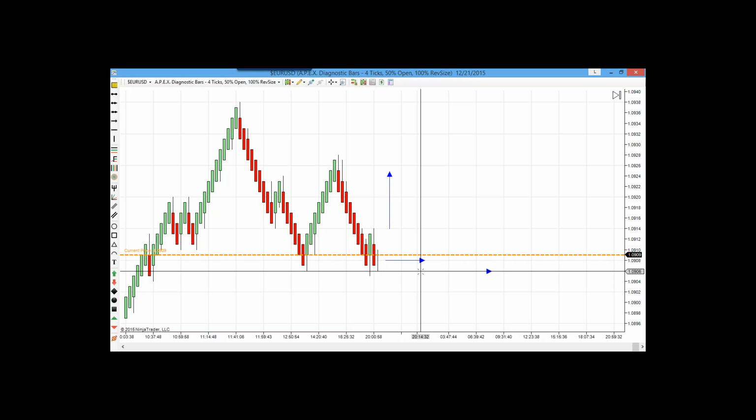What is that binary going to be worth? No. Before expiration, not at expiration, before expiration. That will make it an at the money binary, right? Because my strike is the same price as the market.